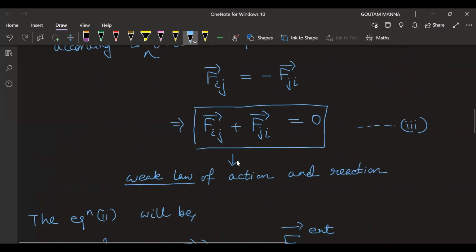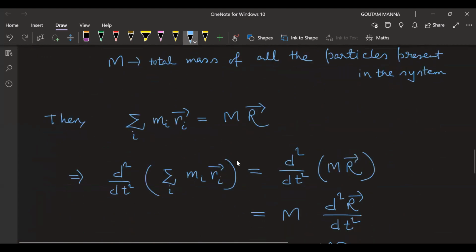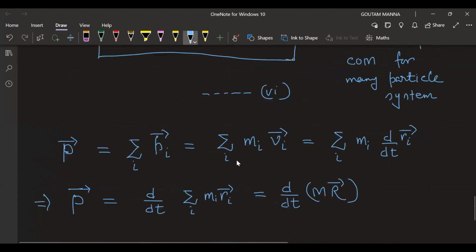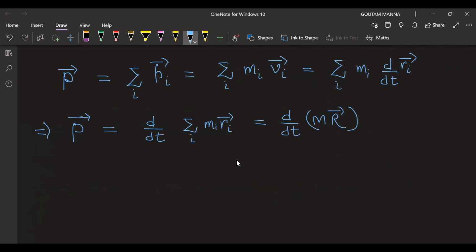Sum over all m_i is equal to M, and capital R is the center of mass.